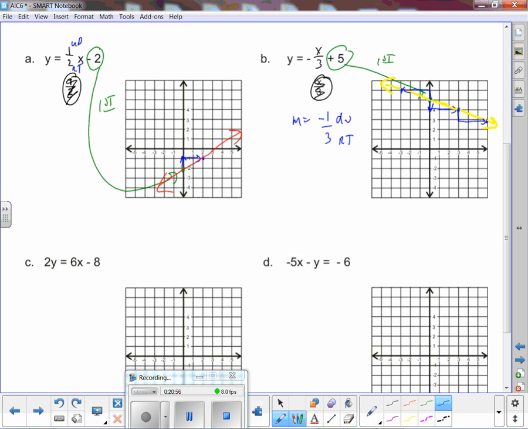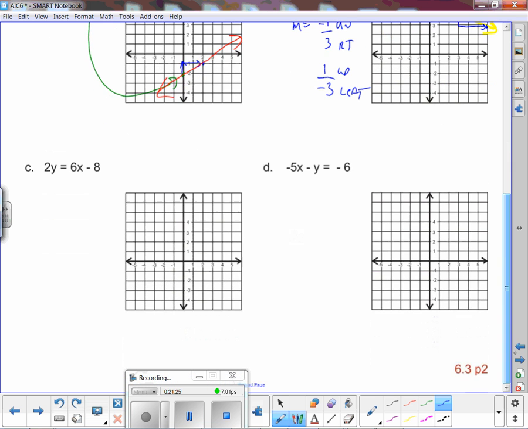Because isn't a negative 1 over a positive 3 the same as a positive 1 over a negative 3? Aren't these equal? So can I go up 1 and left 3? I can. I go either way with my slope.